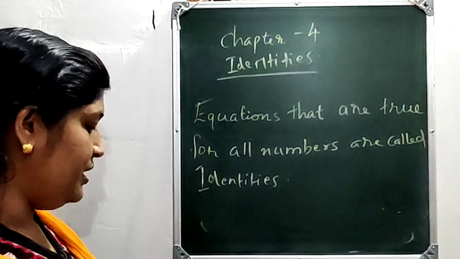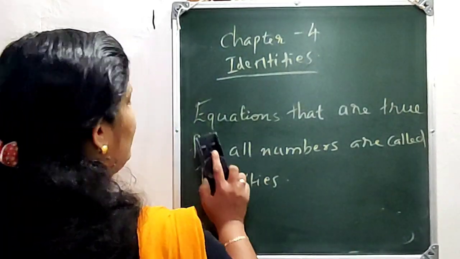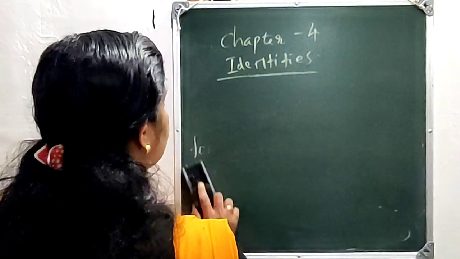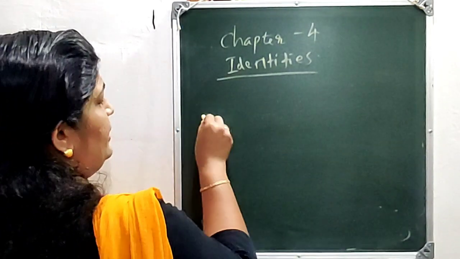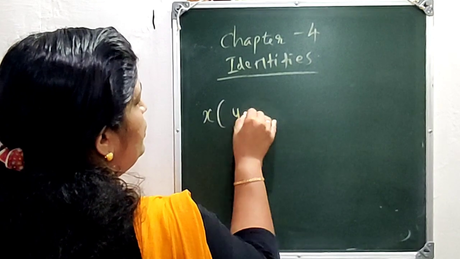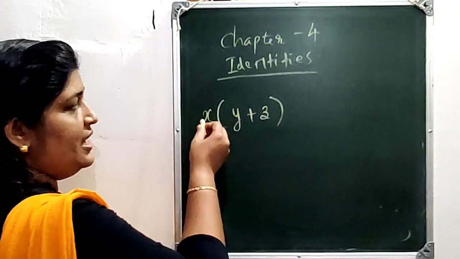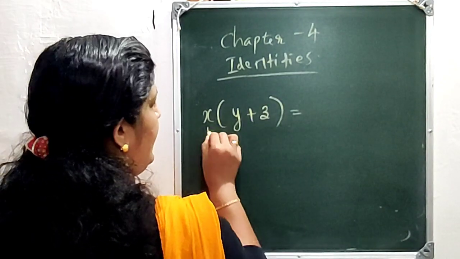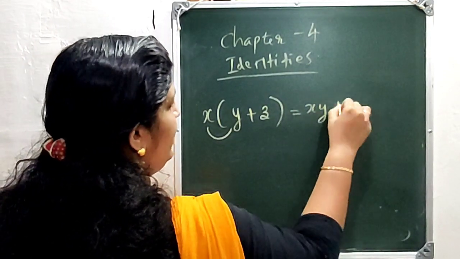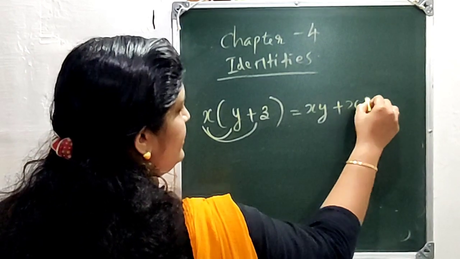In 7th standard, we had a result like this. Do you remember the result? That is x into (y plus z) is equal to x into y plus x into z.